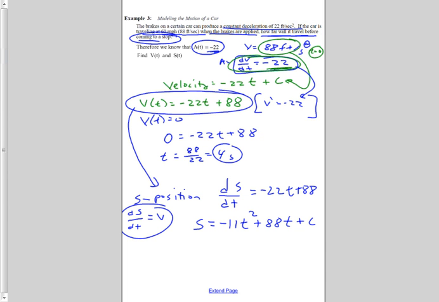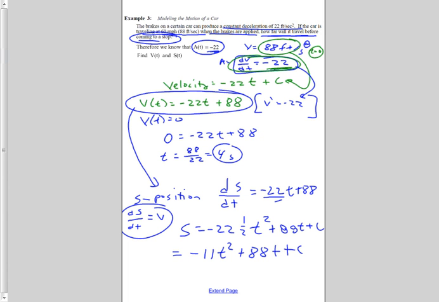And just to make that even more clear where that comes from, s equals -22, the constant stays, and we have t squared, so we have to put a 1/2 out in front to cancel out the 2 dropping down when we take the derivative. And then we have plus 88t plus a constant, which simplifies to -11t squared plus 88t plus constant.